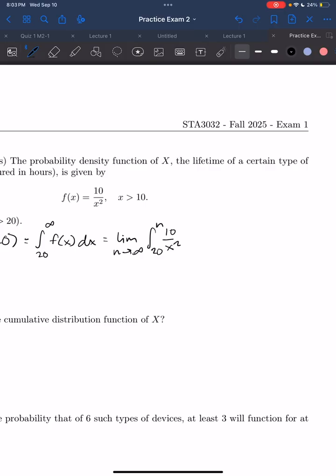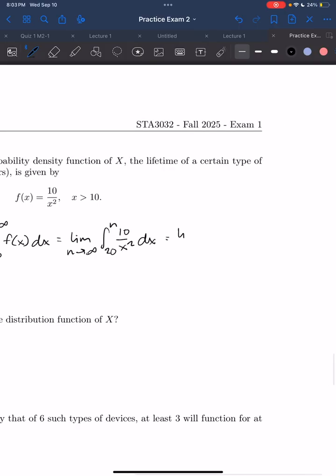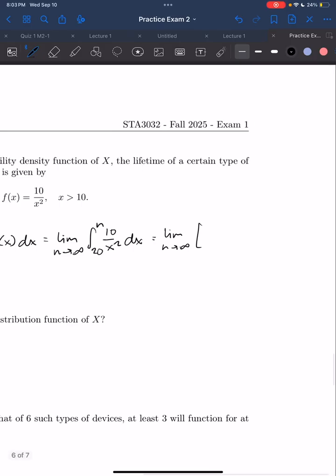over x squared dx. And so this is equal to, again, the limit as n goes to infinity of negative 10 over x, from 20 to n.